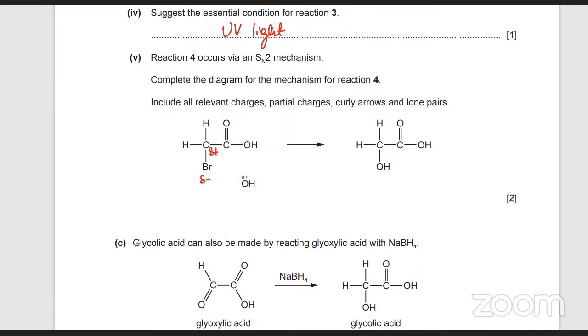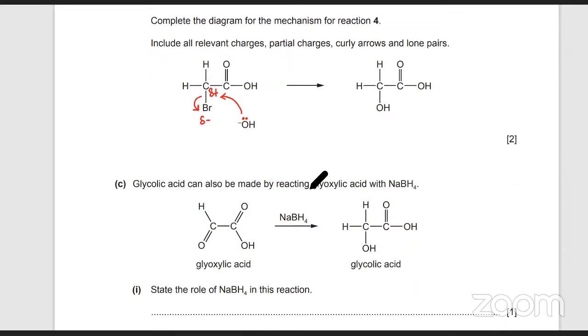So the OH and its lone pairs are going to attack the carbon, which is positive, and the Br is going to get knocked out. So everything is going to happen in one step. It's a one-step reaction. So I guess that's about it. They didn't give any space for the transition state, so that's about it.